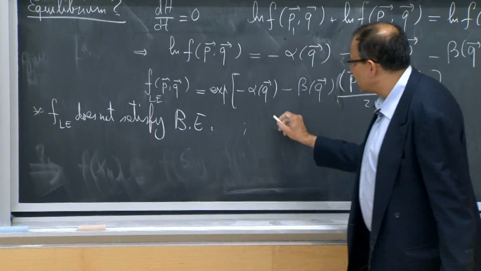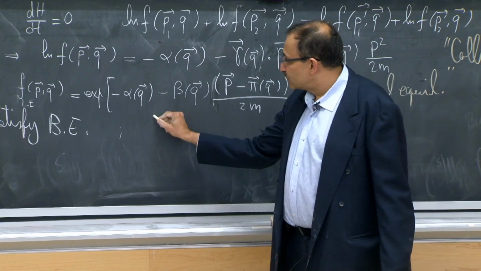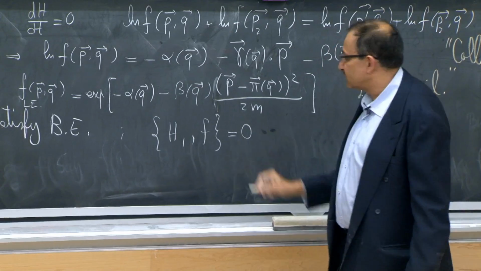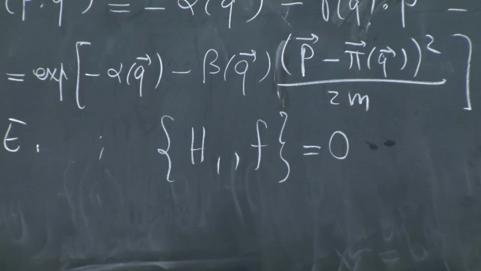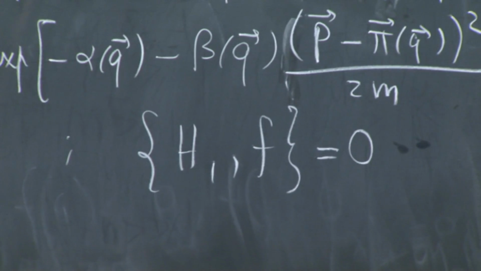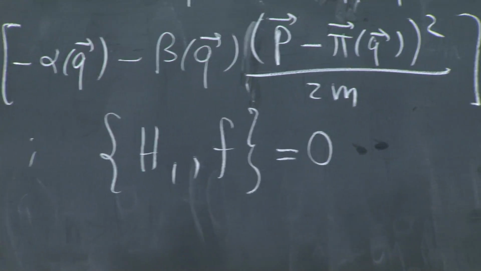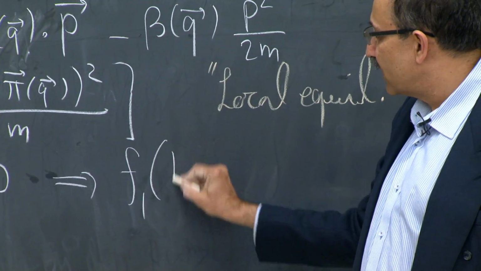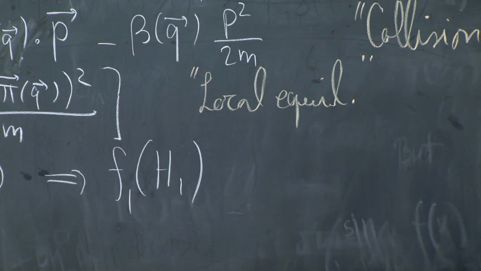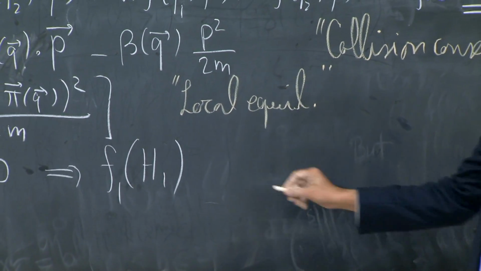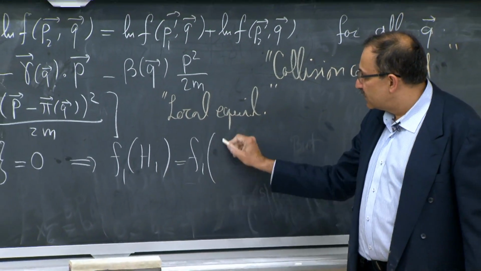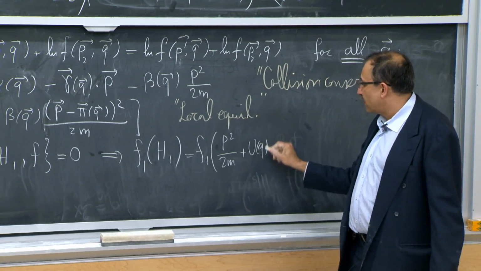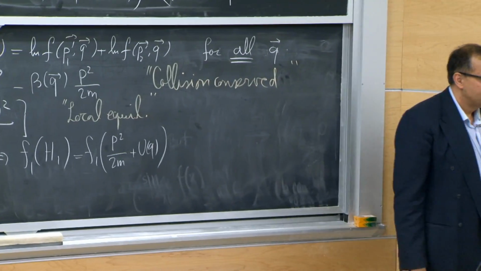For the left-hand side to be 0, I would require the Poisson bracket of H1 and f to be 0. After all, the Liouvillean operator had the Poisson bracket of H1 and f. And we have seen functions that satisfy this have to be of the form f1 of H. And in our case, my H1 is simply the kinetic energy of one particle plus the potential due to the box. Okay?